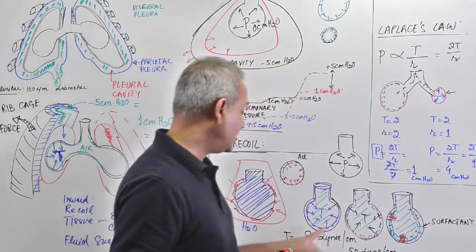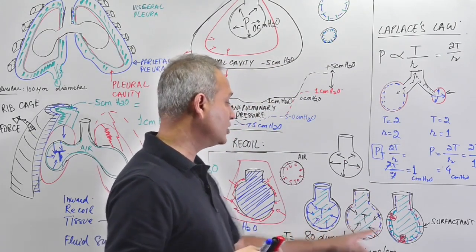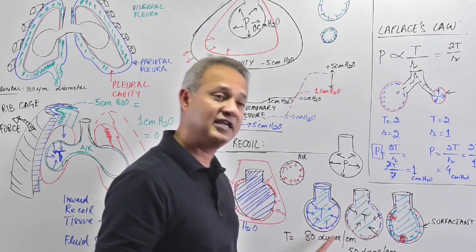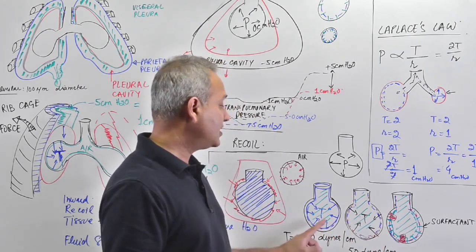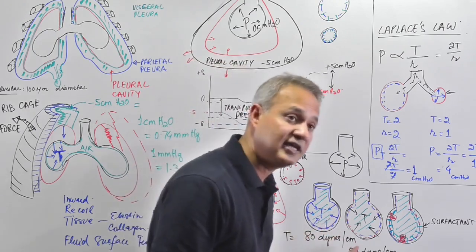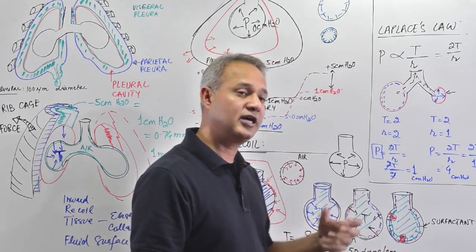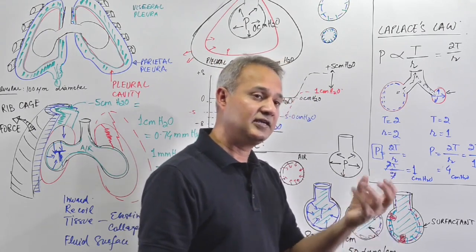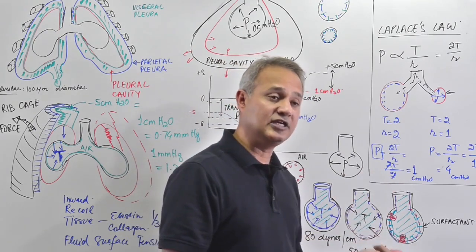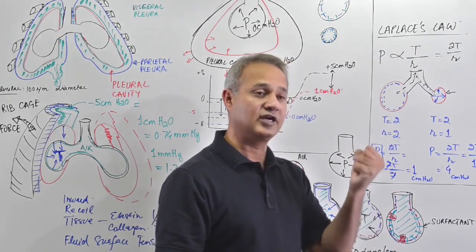So their surface tension is higher because they have fluids without surfactant or with a very tiny amount of surfactant. Plus their alveoli are smaller in size as yet. Both of those mechanisms try to make them unstable, and in some cases the baby can actually die, and this syndrome can become fatal and the alveoli can collapse.